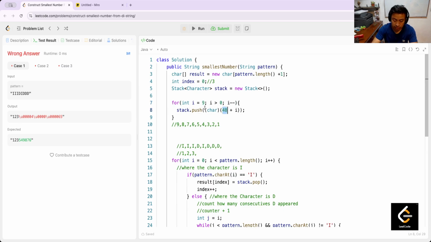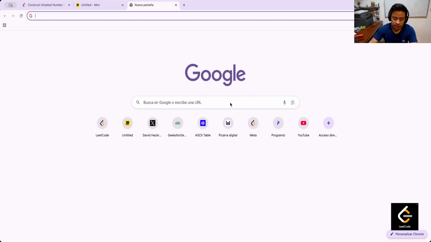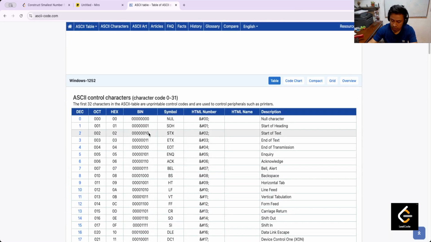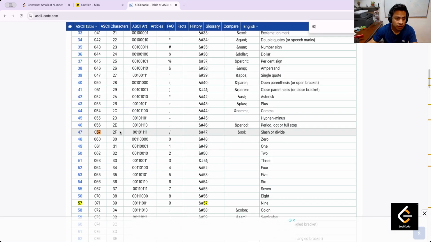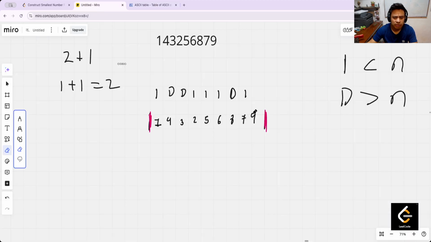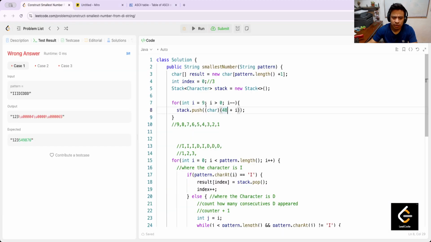Forty-eight, 7, is 9. Okay, only to be sure, let me check the book.